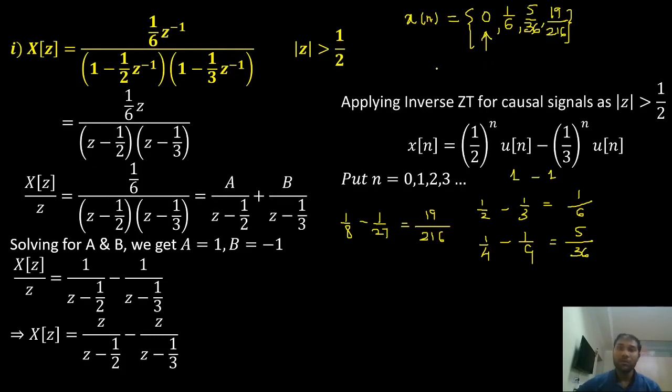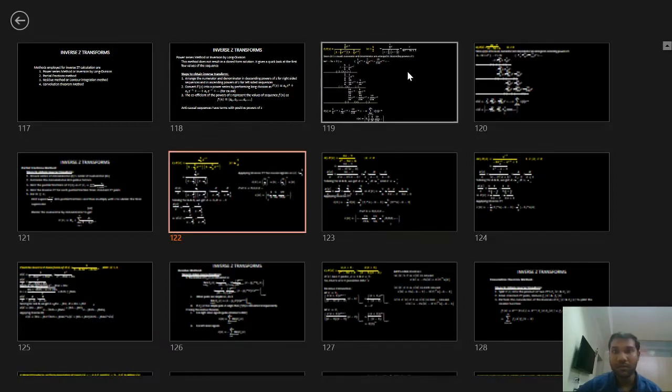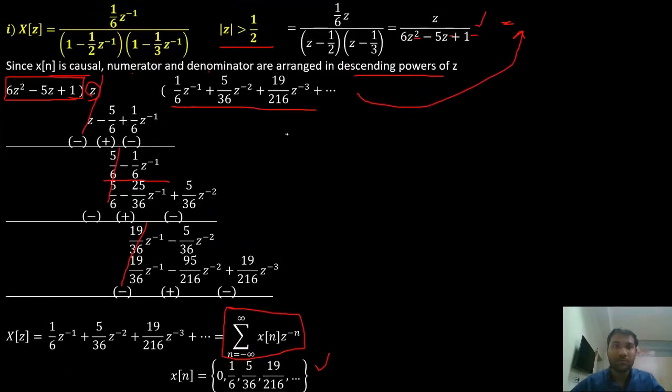So if you look at the x of n that we have achieved here, and if you compare it with the x of n that we achieved two slides previously using the power series method, we have the same x of n, right?